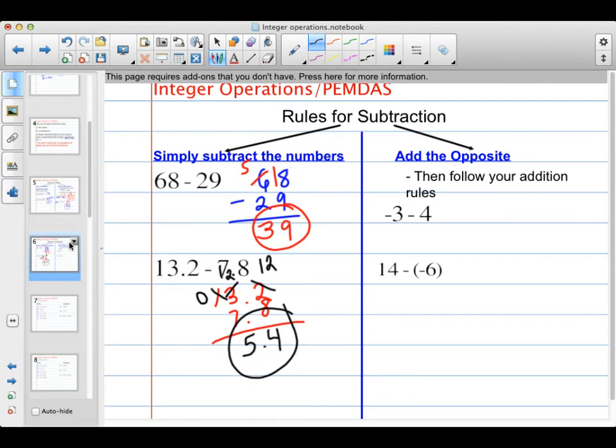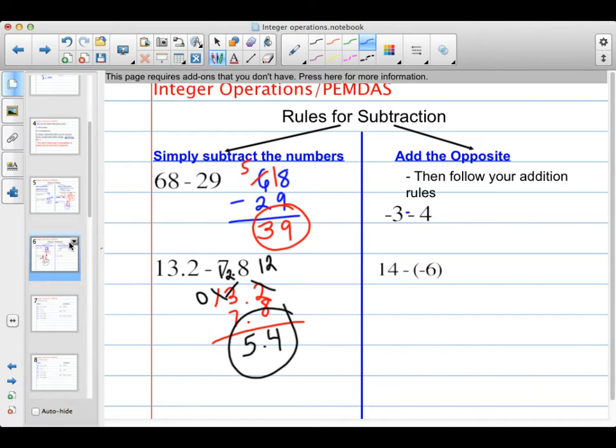Now, the tricky part about subtraction is when you do maybe have some negatives mixed in there, and that's a situation where it's really helpful to add the opposite, okay? Because again, adding an opposite is the exact same thing. So we're subtracting 4, which is equivalent to adding negative 4. So this is how we would do this.